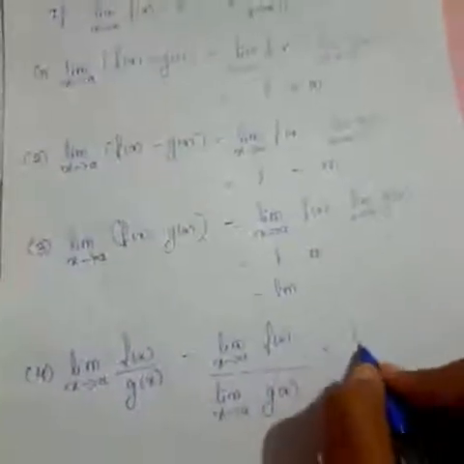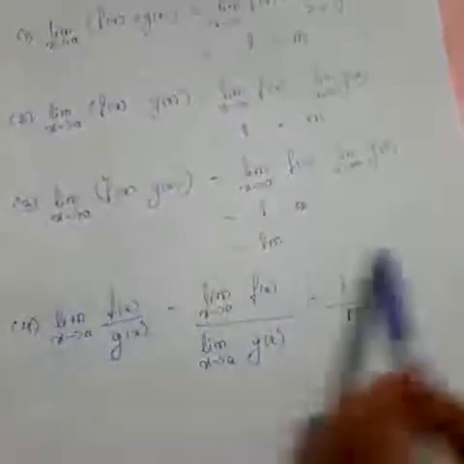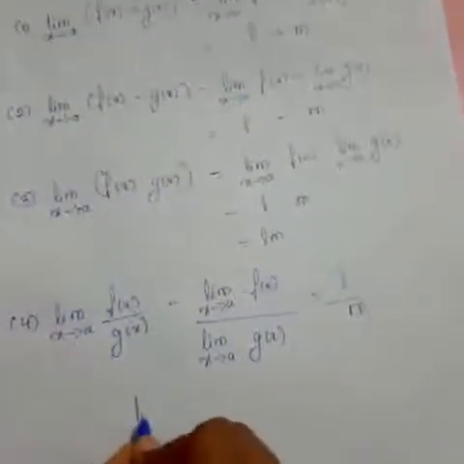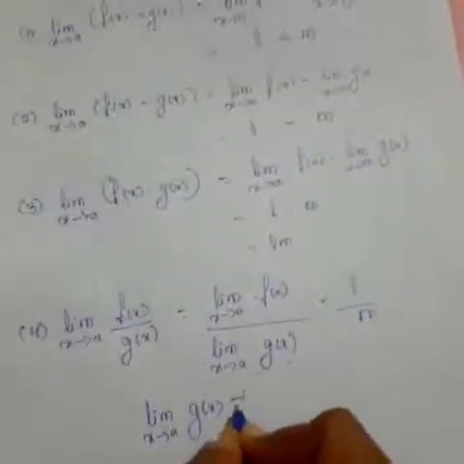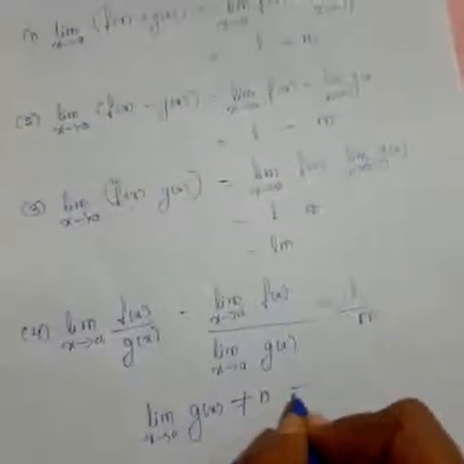Now it should be L divided by m here. To satisfy this condition, remember that the limit as x tends to a of g of x should never be 0. It means m should not be equal to 0.